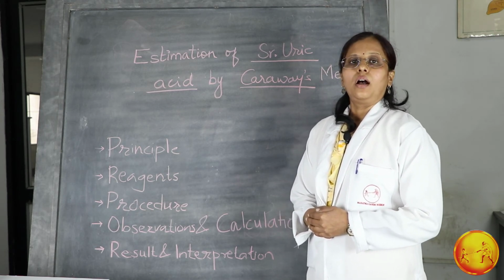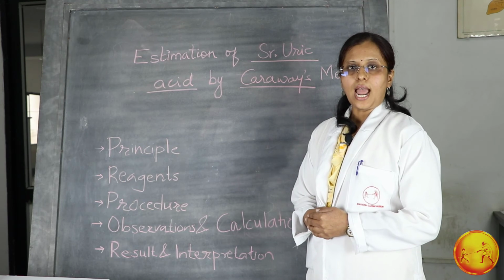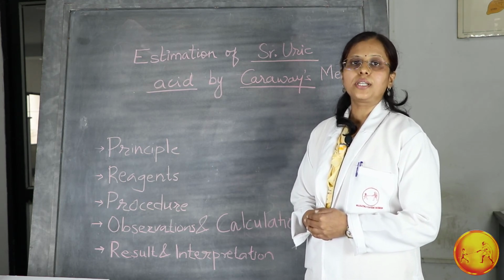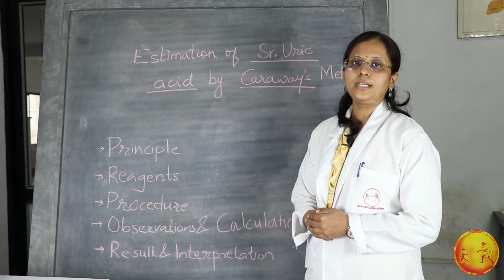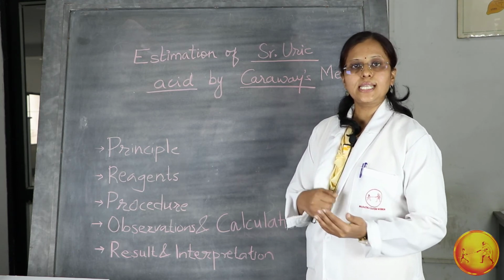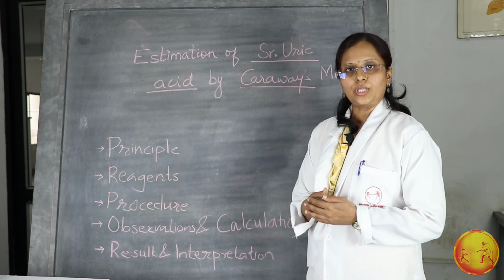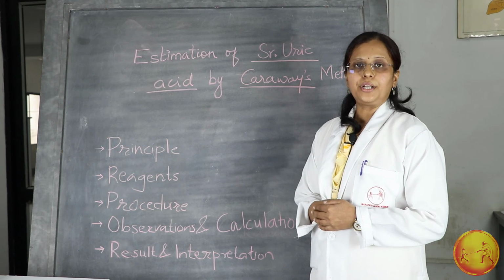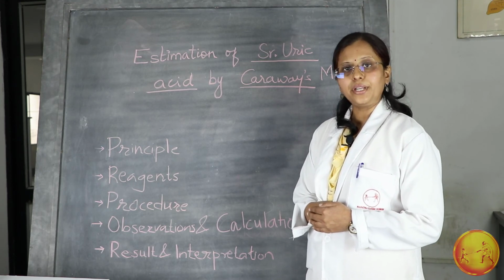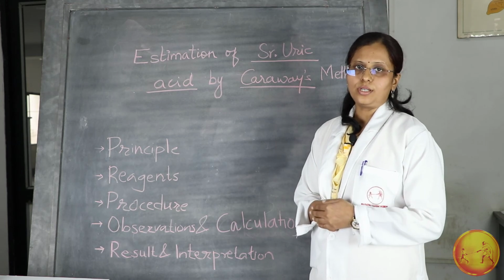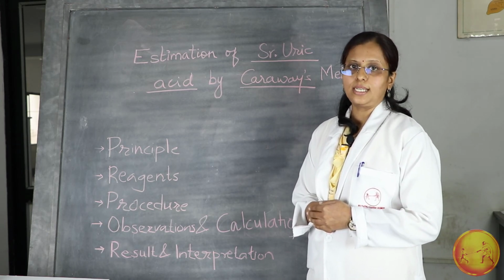Then lactic acidosis and ketoacidosis. These are the metabolic conditions in which there is excess acid present in our body. So there is a competition for excretion between these acids and uric acid, so that uric acid levels are raised in these conditions. Then the conditions of secondary gout, which are malignant disorders in which the turnover of cells is increased.